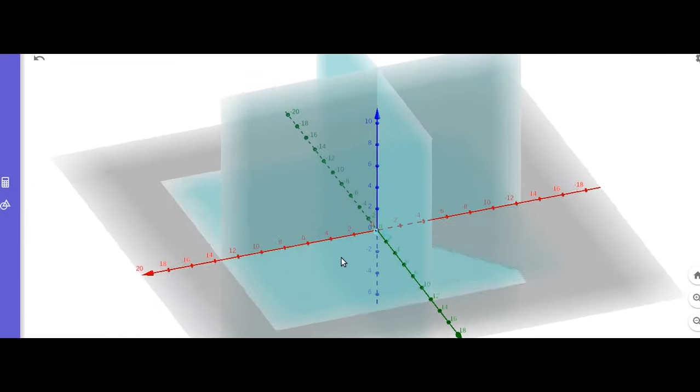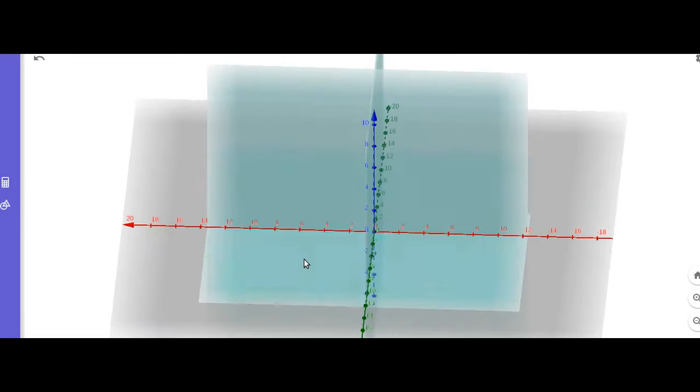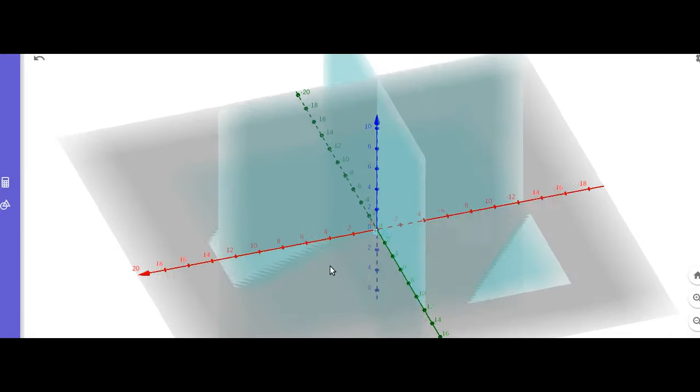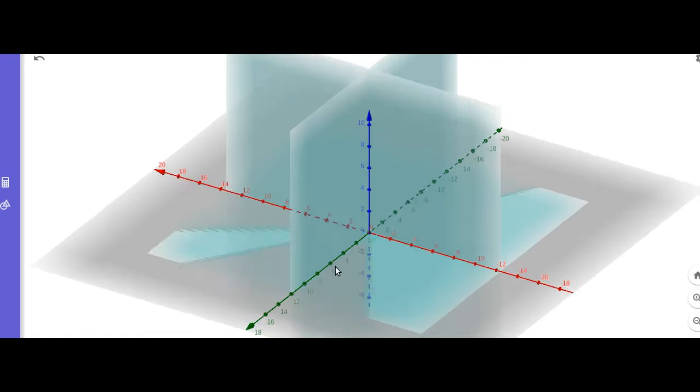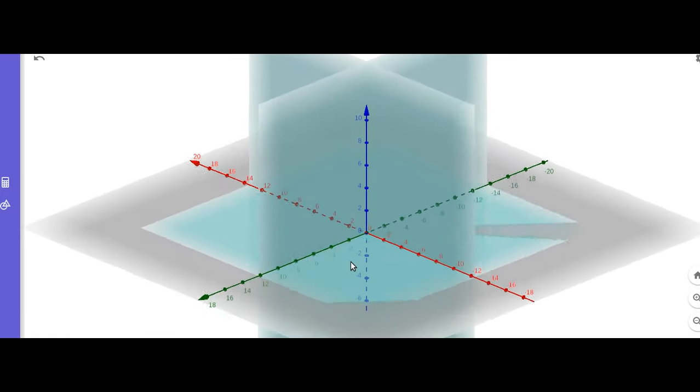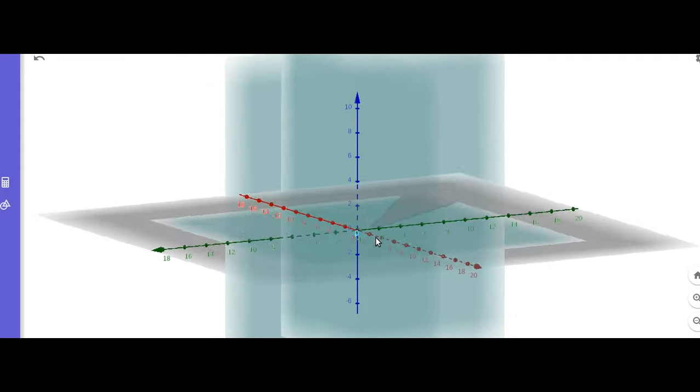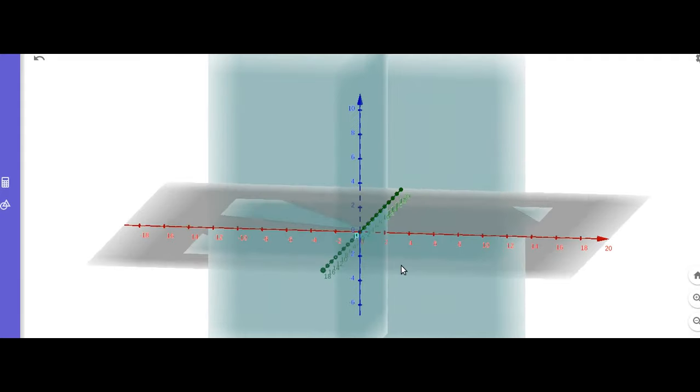That means in the first octant, all will be positive. X will be positive, Y will be positive, Z will be positive. Then we move to the second octant, third octant, fourth octant, and you can see the remaining ones below.